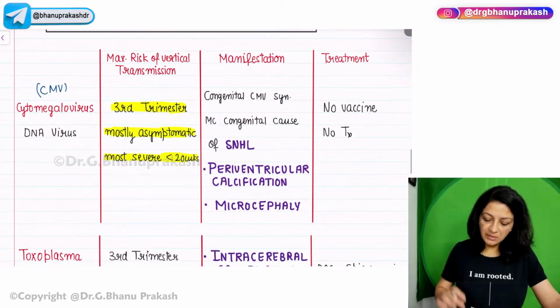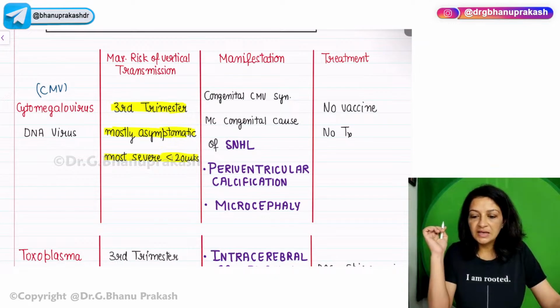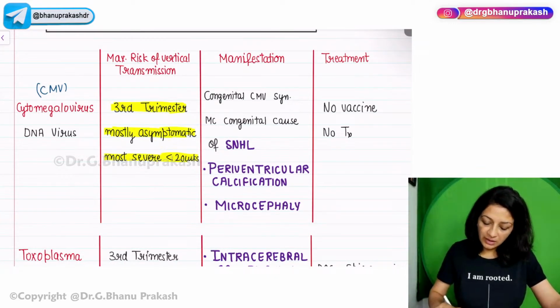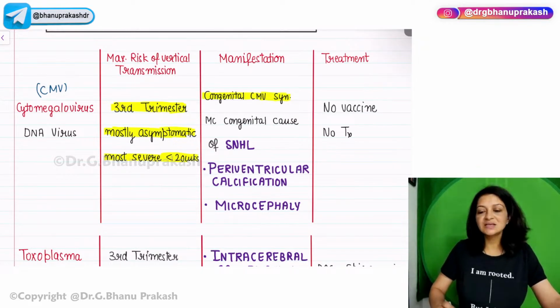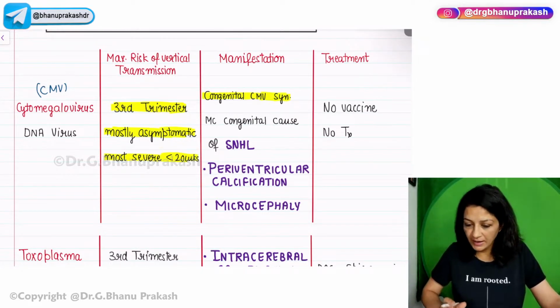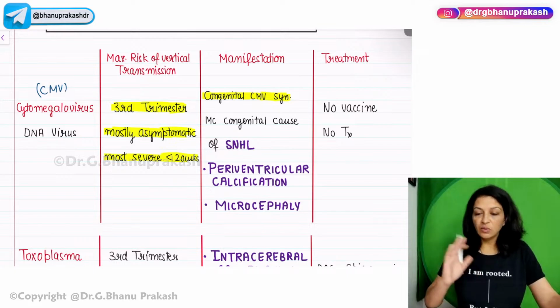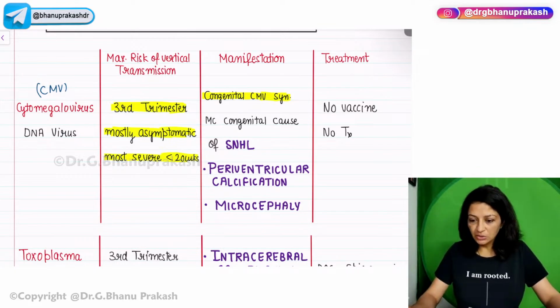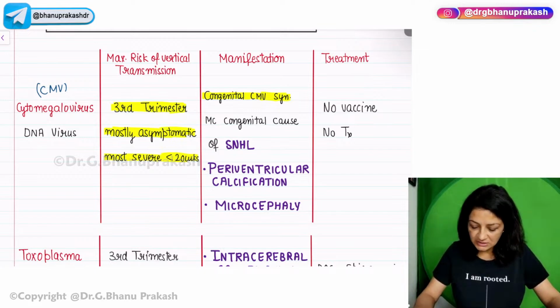So what will be the manifestation in case of CMV infection? It will lead to congenital CMV syndrome. If a mother has CMV infection and it is vertically transmitted to the fetus, then it will lead to congenital CMV syndrome.